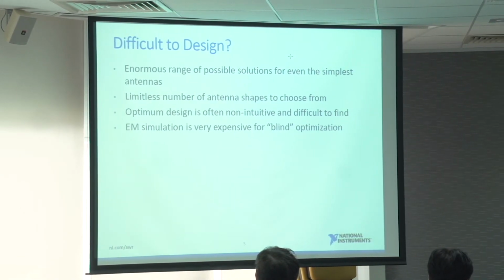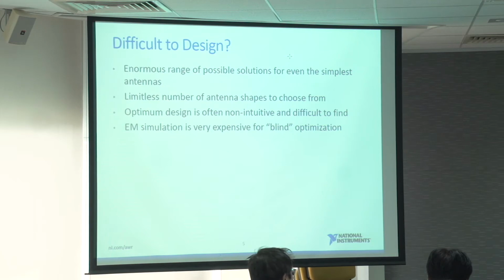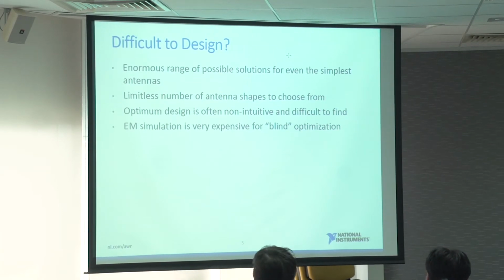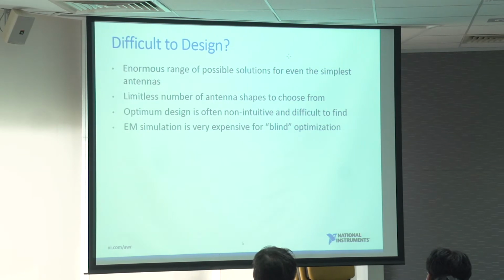The books written on antenna design are very thick, and how do you choose which antennas to pick? And the optimum design can be very non-intuitive and difficult to locate. And if you're just doing blind trial and error, electromagnetic simulation can be very expensive in time as well as in license fees, for instance.